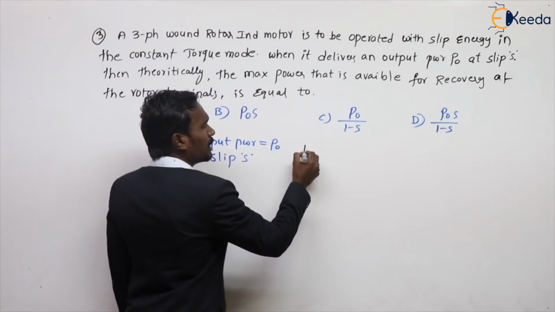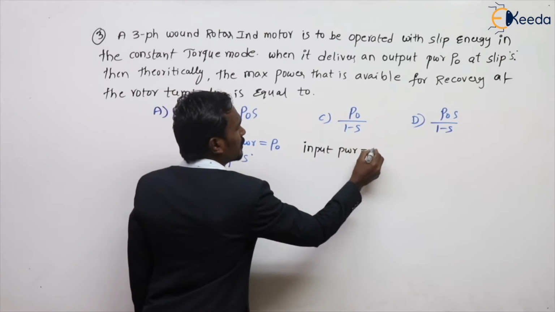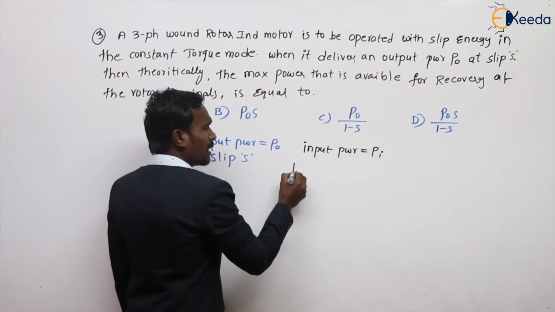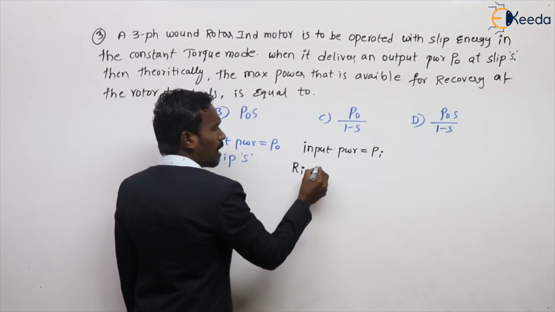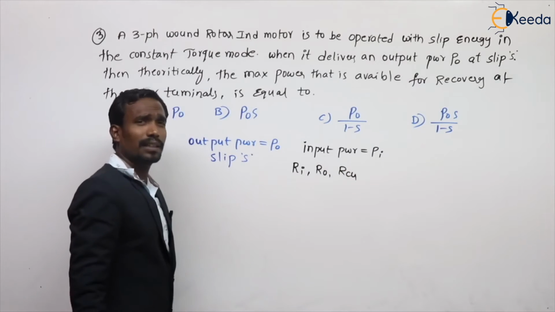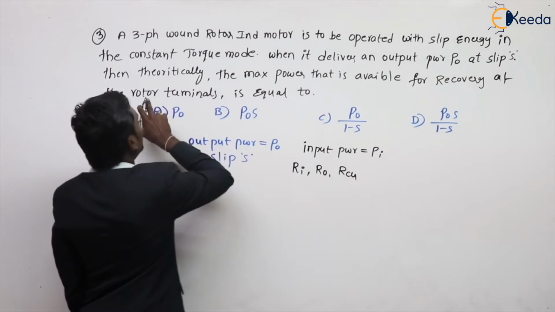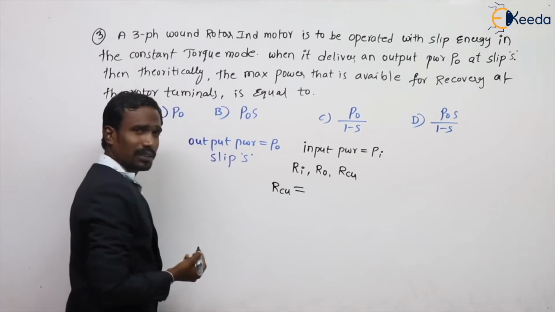For example, input power is Pi, and we know the rotor input, rotor output and rotor copper losses relation. Generally, the recovery at the rotor terminals is nothing but rotor copper losses.